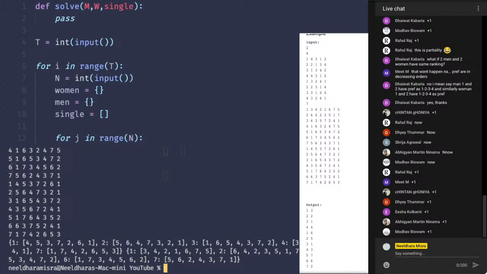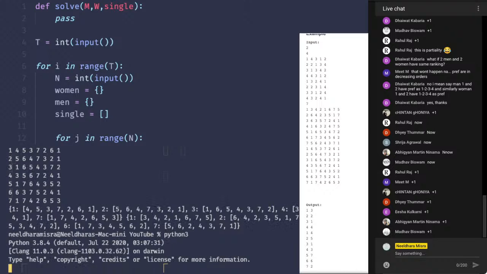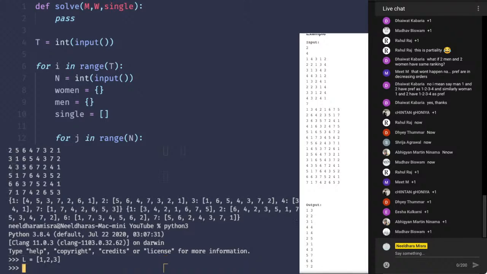So let me show what I mean by this. Suppose we have a list L, which is 1, 2, 3. So your top preference is 1, your second top preference is 2, and so on. If I do L dot pop, what element do I get here and what element should I get here?